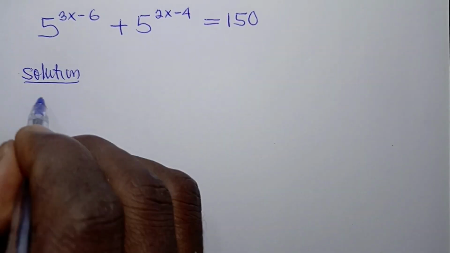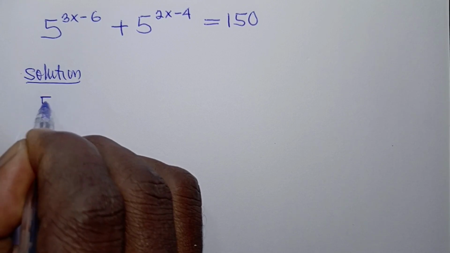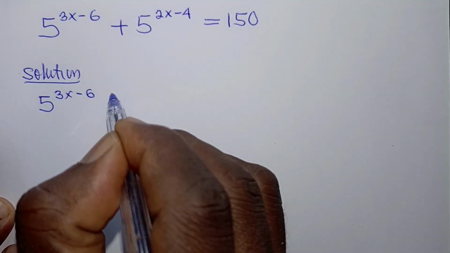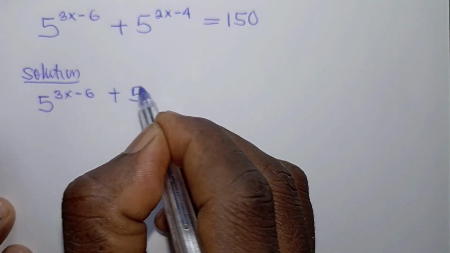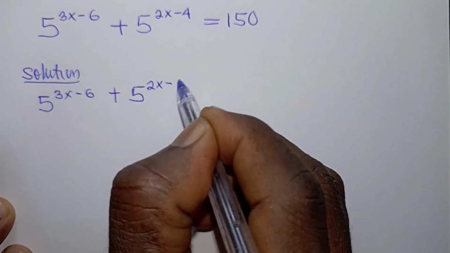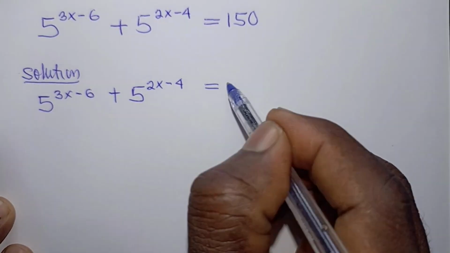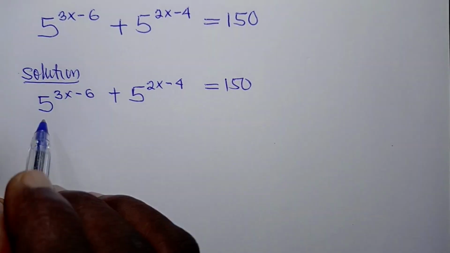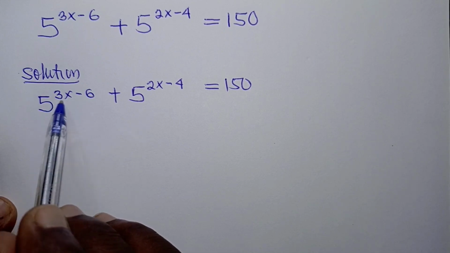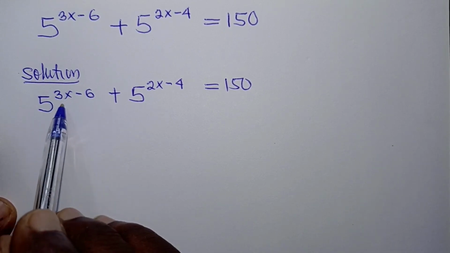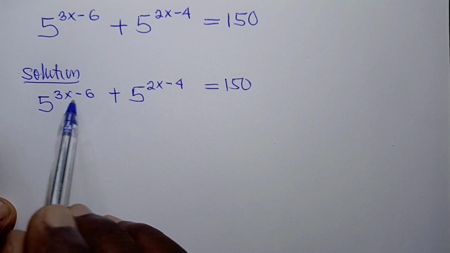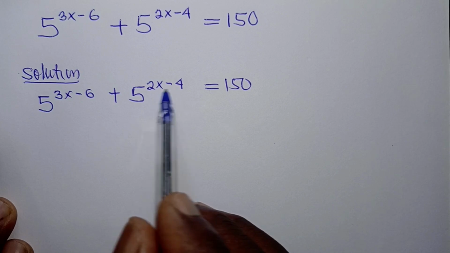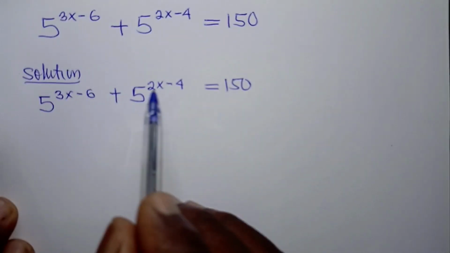Let's rewrite the equation here. So we have 5 to the power 3x minus 6 plus 5 to the power 2x minus 4 equals 150. From this equation you can see that we have exponents, and we can factorize something out of the exponents because we have a common factor there.